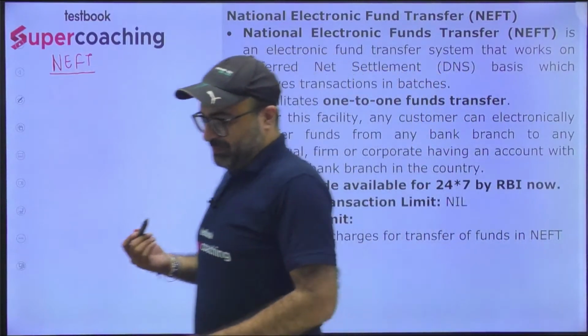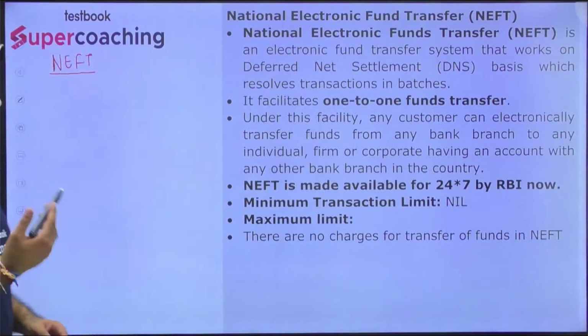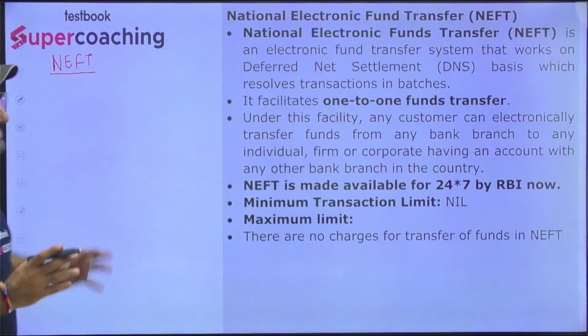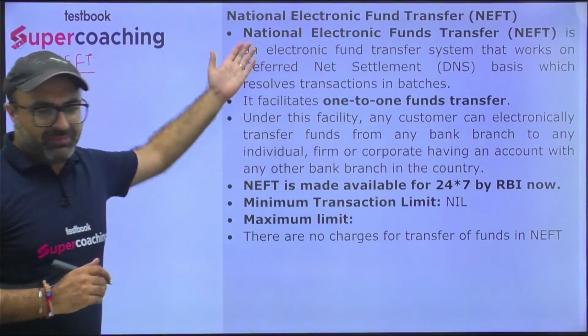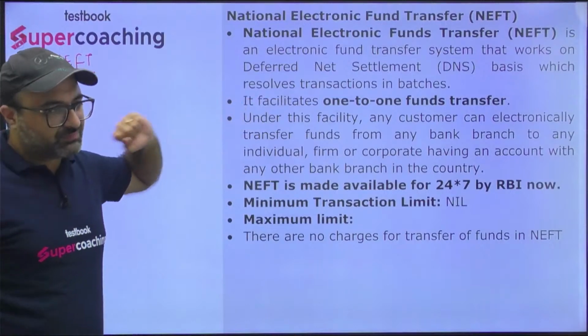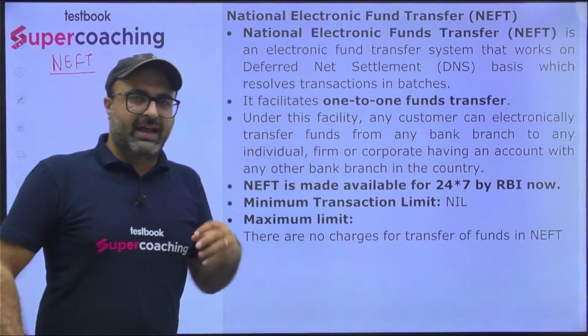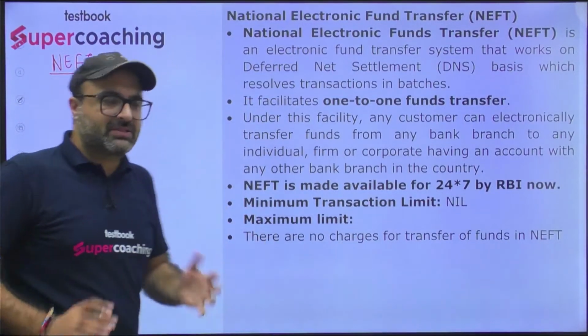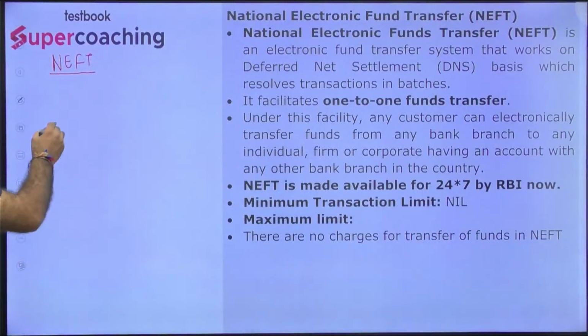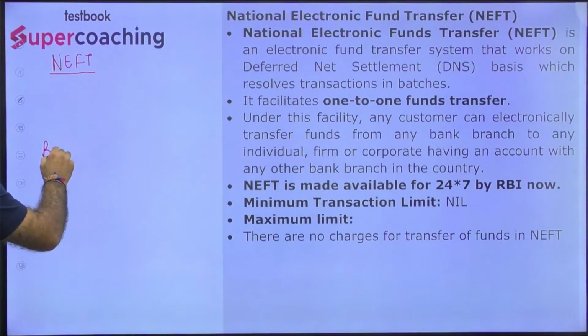In case of NEFT, National Electronic Fund Transfer, you must have gone through n number of things which have been written on the screen and you are aware. But have you ever given a thought how NEFT actually happens? Please pay attention. Let's suppose I'm talking about a bank branch.